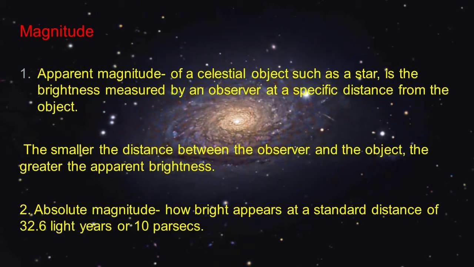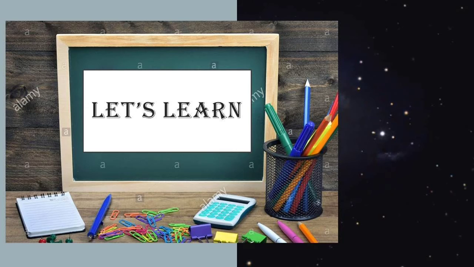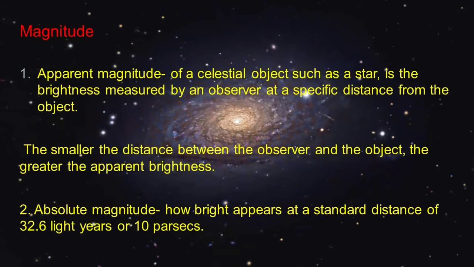Can she see the red dot clearly? No. But when she is 5 meters away from the table, can she see it? Yes, she can, and that's apparent magnitude. The smaller the distance between the observer and the object, the greater the apparent brightness is, if we talk about the stars.